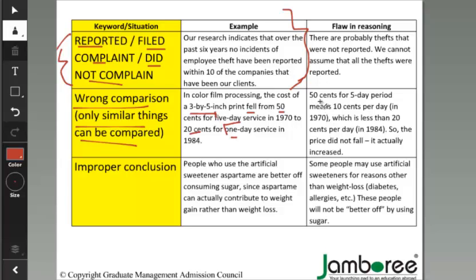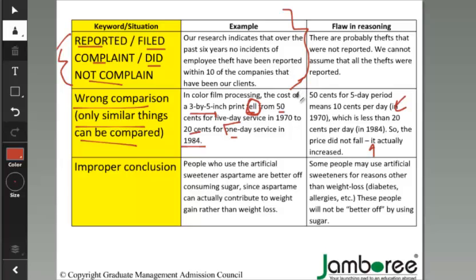So in your essay, you should be able to explain it something like this: 50 cents for a 5-day period means 10 cents per day. That is the data in 1970, and the data in 1984 is 20 cents per day, right? So did it actually fall? It actually increased, right? So look out for this.